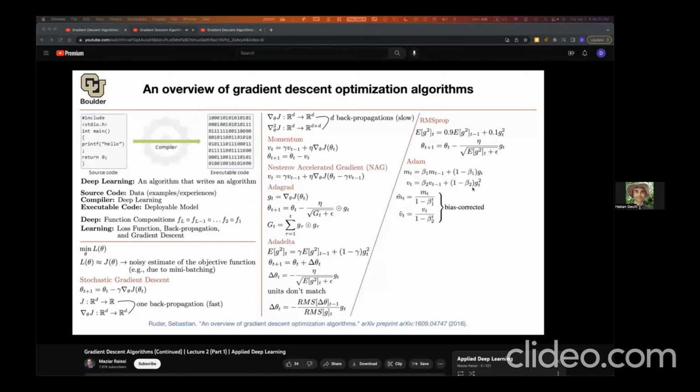And once you do that, the rest of it is very similar to ADA grad, ADA delta, and RMS prop. Instead of the gradients, you just put the moving average of your gradients. And this term is to make your learning rate adaptive. Usually a good number for eta is 10 to the power negative 3.